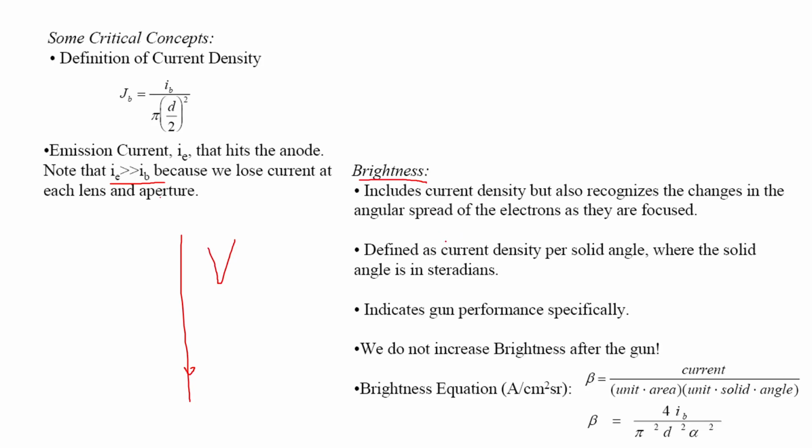Brightness is defined as the current density per solid angle, where the solid angle is given in steradians. This is the unit generally used for the solid angle. Just remember this, steradians. This brightness term will tell about how the gun is performing. In certain cases, the gun goes bad after a certain amount of time. When the gun is run for a longer duration, it will get degraded.